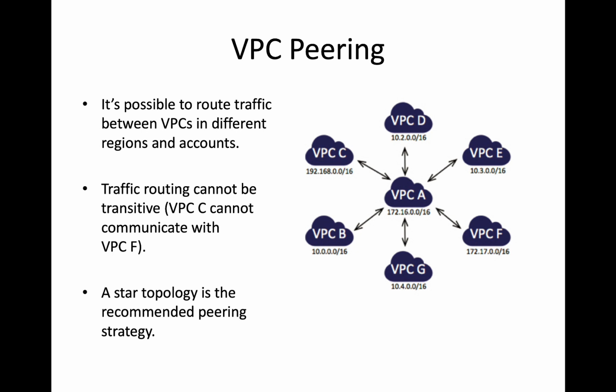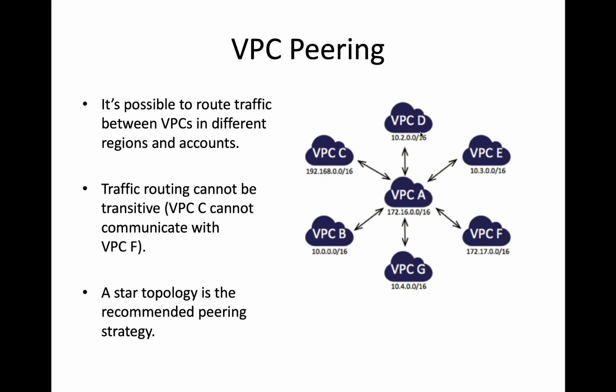If I did need to route traffic between, say, VPC C and VPC B or G or E or some other one, what I would have to do is send that traffic to a resource in VPC A first, and then that resource would essentially proxy the traffic, or it would use some other mechanism to push that traffic out to a resource in one of the other VPCs.